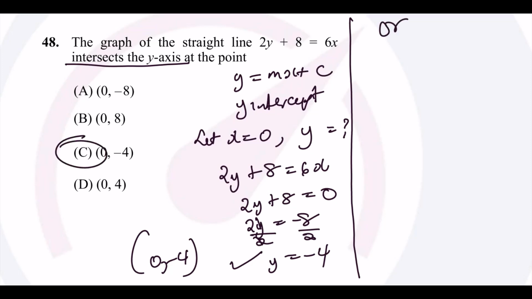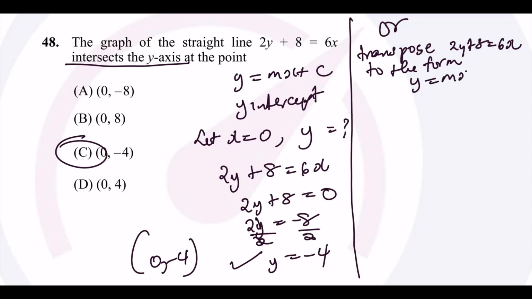Or I could transpose the equation in the form y equals mx plus c. So transpose 2y plus 8 equals 6x to the form y equals mx plus c. And we know that this c here gives me the y-intercept.